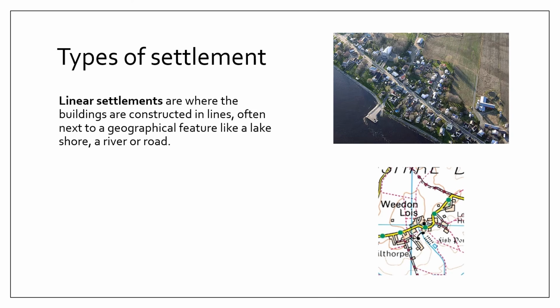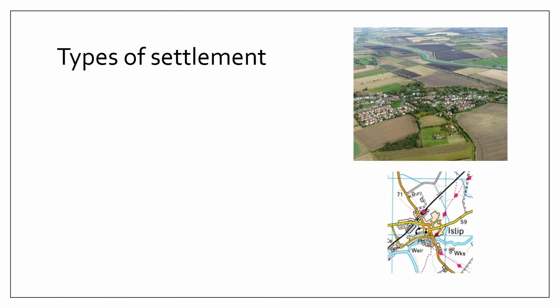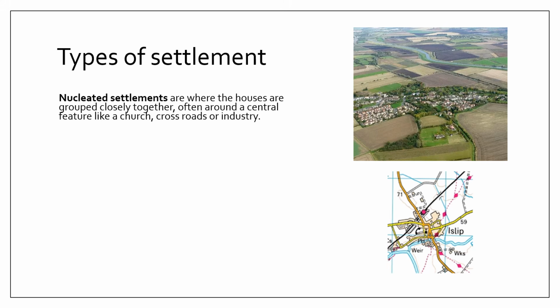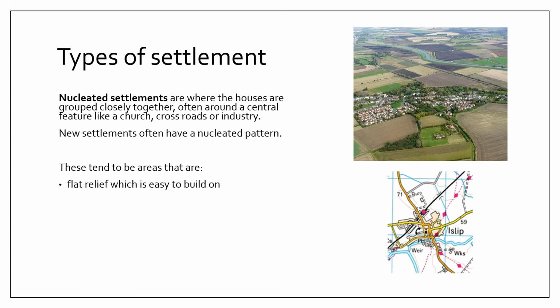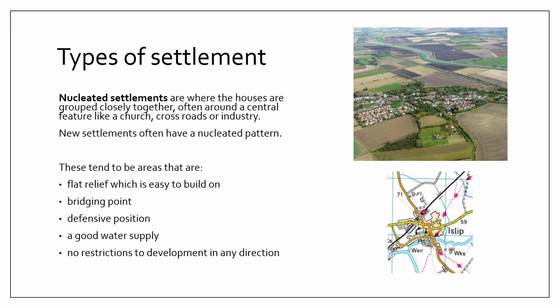Then we have linear settlements. These are the ones that are constructed along roads, rivers, along the sides of lakes. And then you've got nucleated settlements. These are the ones where there's like a central focus, a church, crossroads, or industry. And so settlements are kind of like a circular pattern around those areas. And they tend to be near flat relief. Other things could be a bridging point or a defensive position or near to a good water supply.